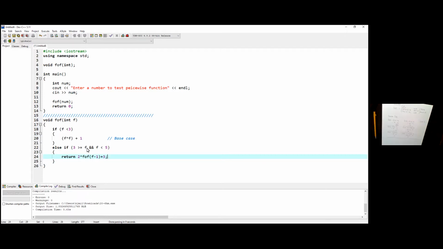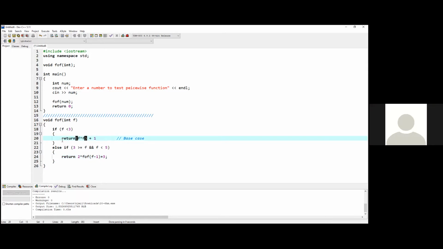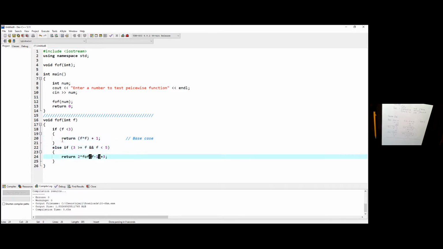Now, up in line 20, shouldn't that be a return of f times f plus 1? Because you're going to keep working your way back out. Now, if f is less than 3 takes care of everything less than 3, my line 22, could that just be f less than 5?